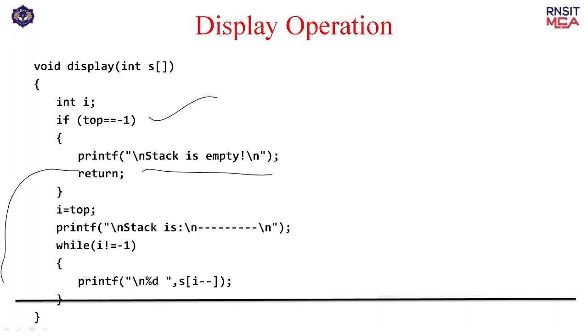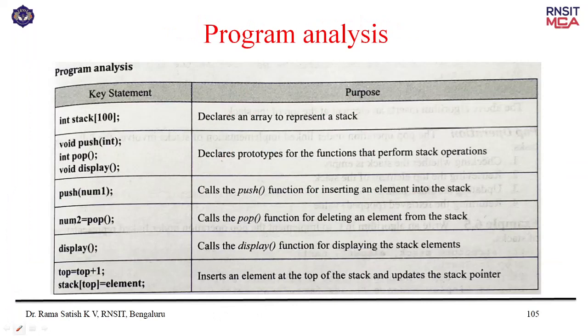If not, you initialize the I value to top, and until I reaches -1, you keep on displaying the elements. Once I reaches -1, you stop and you can come out.